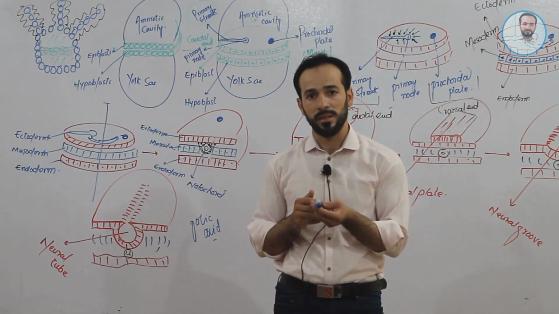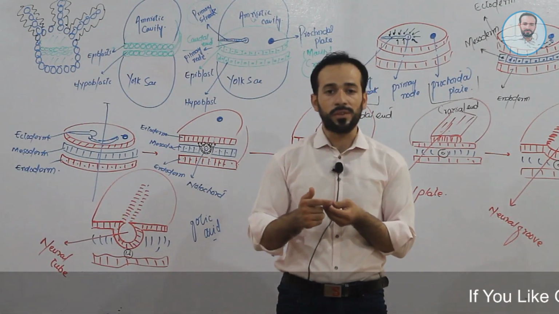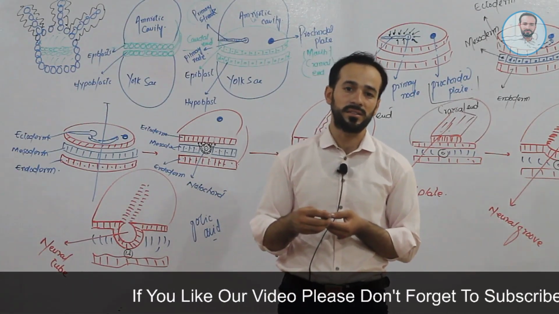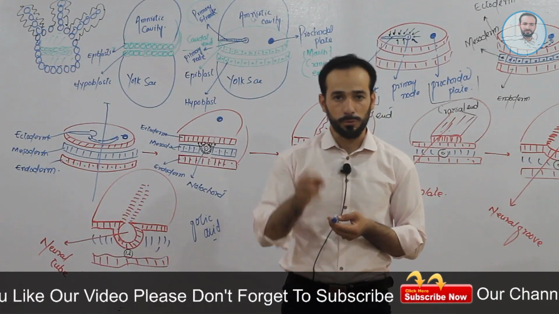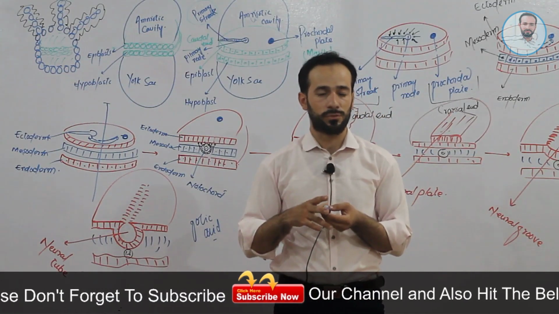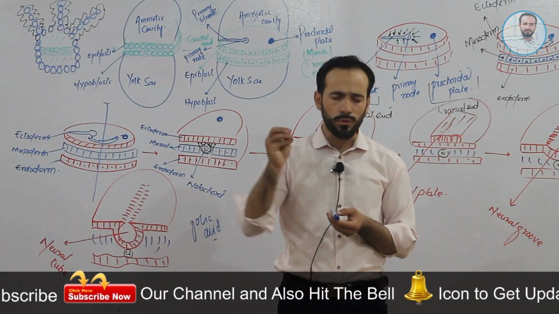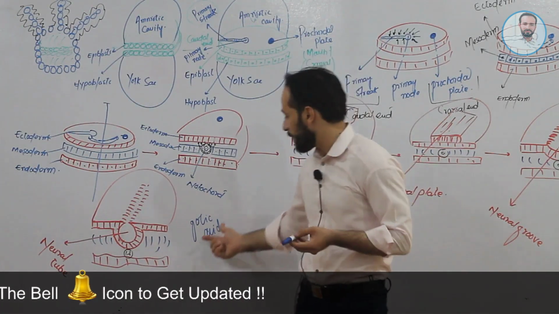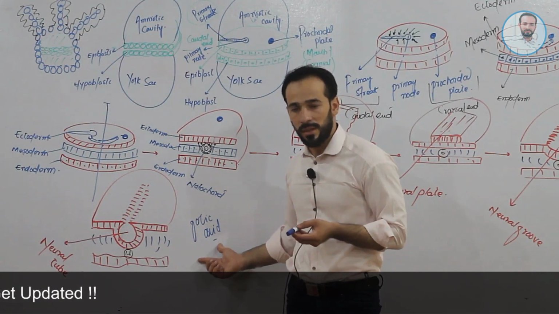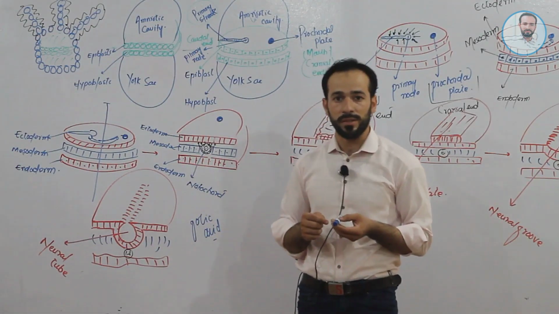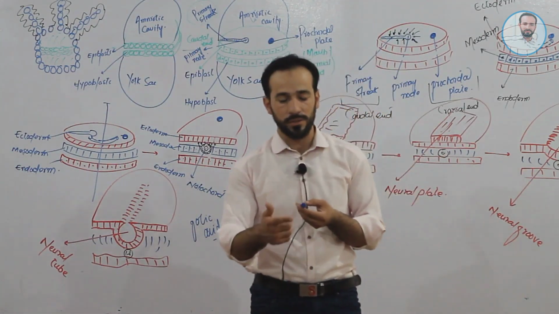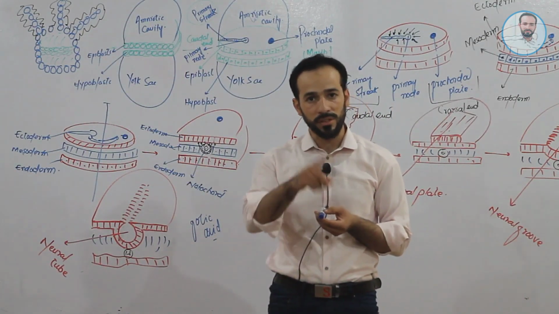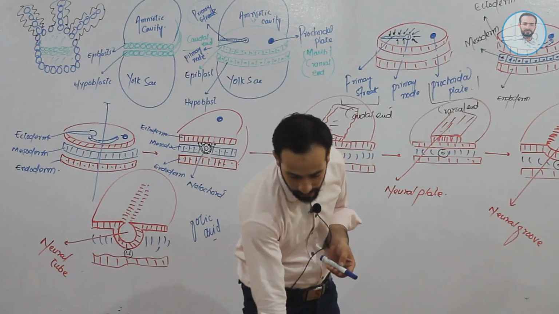And if the anterior neuropore doesn't close, there will be anencephaly, right? Both of these conditions are very dangerous for the baby. To prevent them, we have to provide the female with sufficient folic acid, which is important for the closing of the anterior and posterior neuropore, to prevent such diseases.